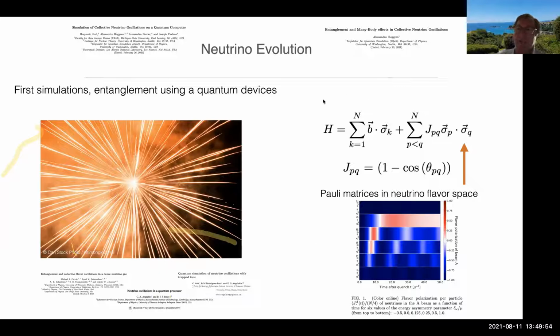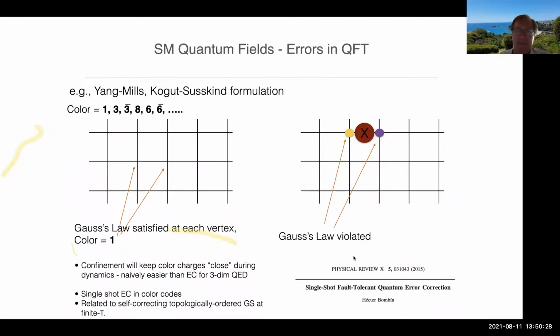And so as a result, one can map this problem for coherent forward scattering onto spin models, the single spin and then the double spin. And depending on what the initial configuration is, one sees interesting overlap with the phenomena that are studied in condensed matter physics, dynamical phase transitions. So these studies are just beginning, but again, they're being enabled by advances in classical algorithms, but also in quantum simulation. Okay, I'm really going to have to jump a number of things here.